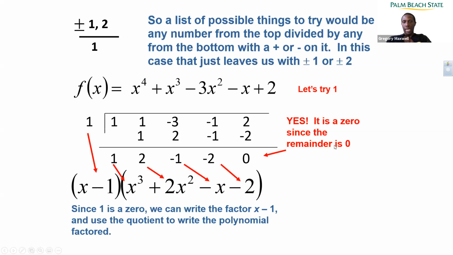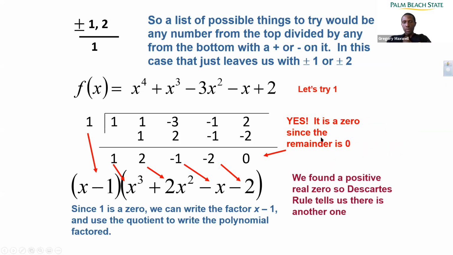So I'm going to try 1 again. Descartes' rule of signs tells me from before that I should have 2 positive and 2 negative. In this case, Descartes' rule of signs says there's another positive, because there's only 1 sign change.